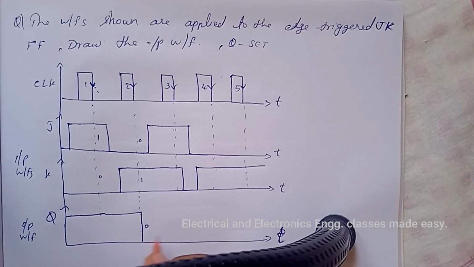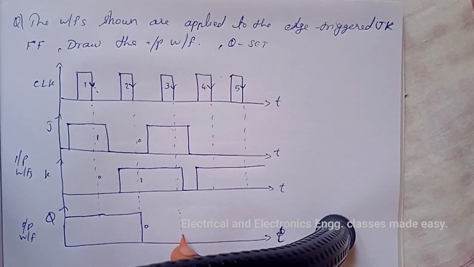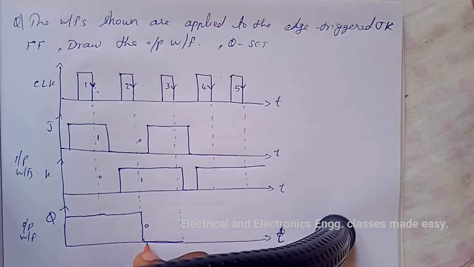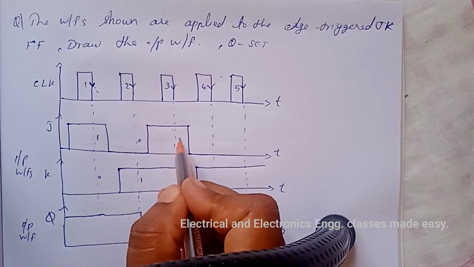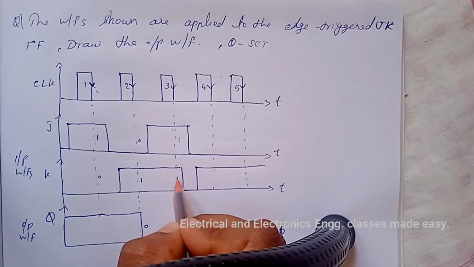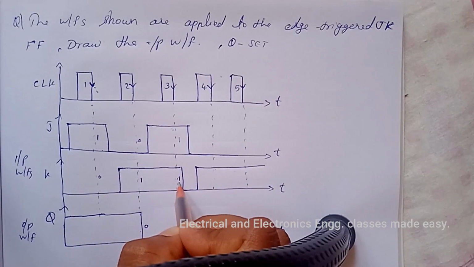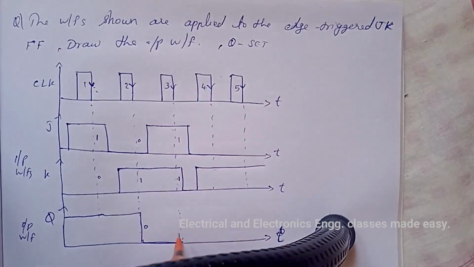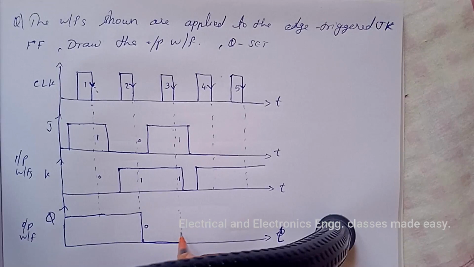And it will continue up to next negative edge of the clock pulse. So up to this point it is 0. And at this point J is 1 and K is 1 again. So 1 1 means toggle state. Toggle state means it will be in the opposite state of the previous output.